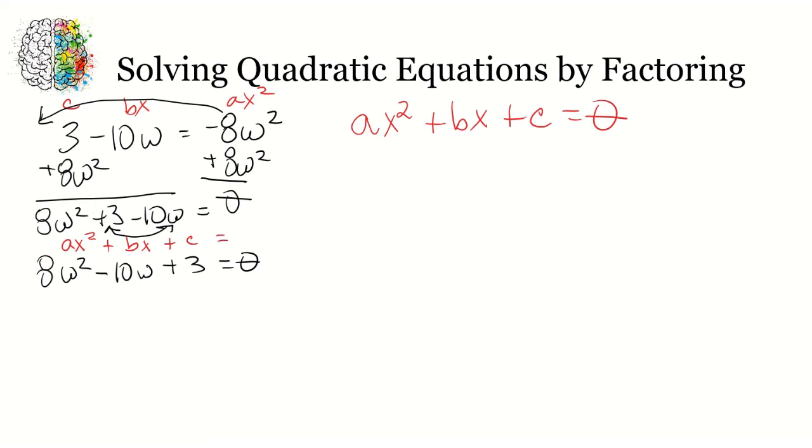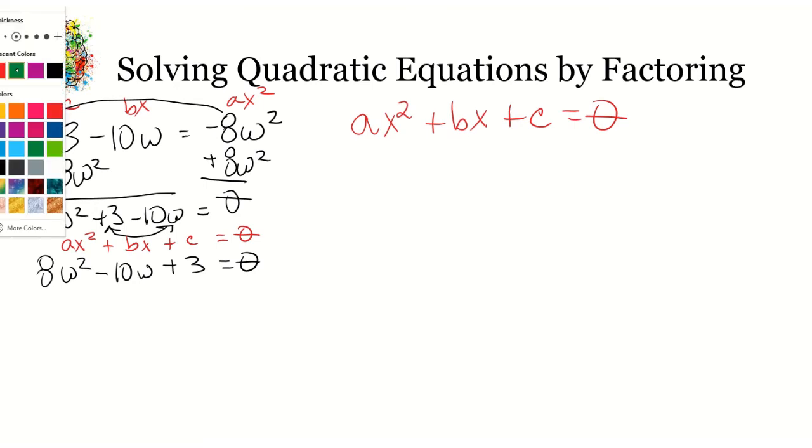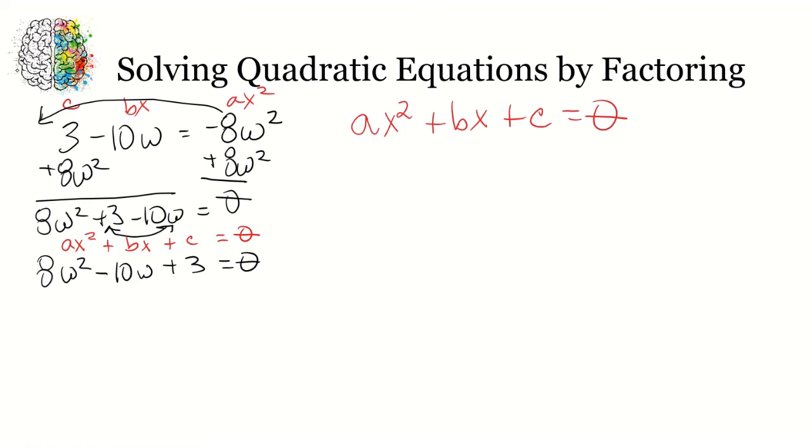So now the next thing that I can recognize is that I have a trinomial where a is greater than 1. And I want to factor that in order to get a binomial.